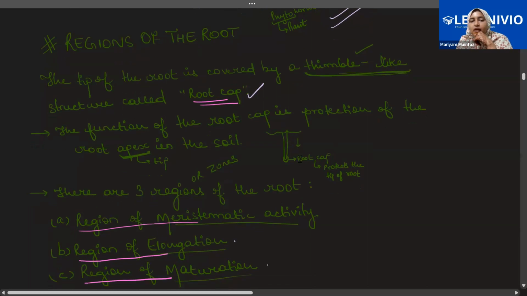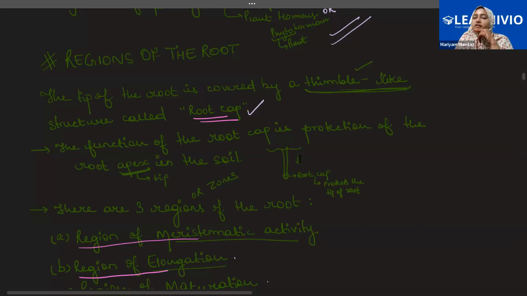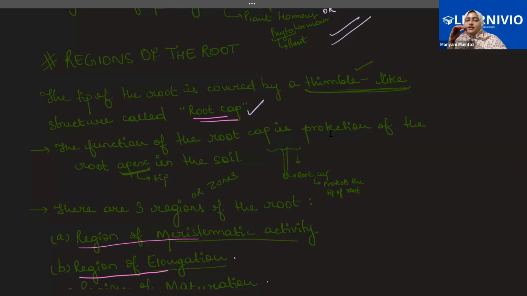Now, see, the root has certain regions in them that have different properties and different functions. To begin with, if we talk about the growth of the root, it is towards the gravity, isn't it? It's below the ground. So while the plant root is growing, it has to penetrate deeper and deeper into the ground.